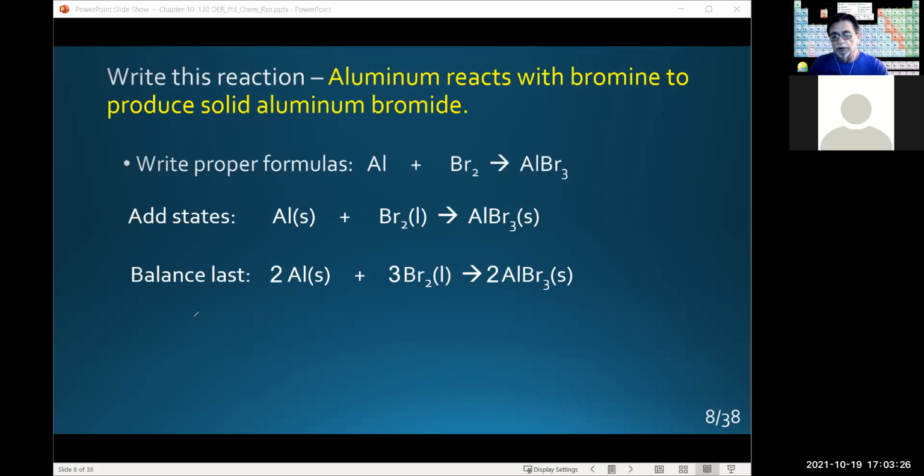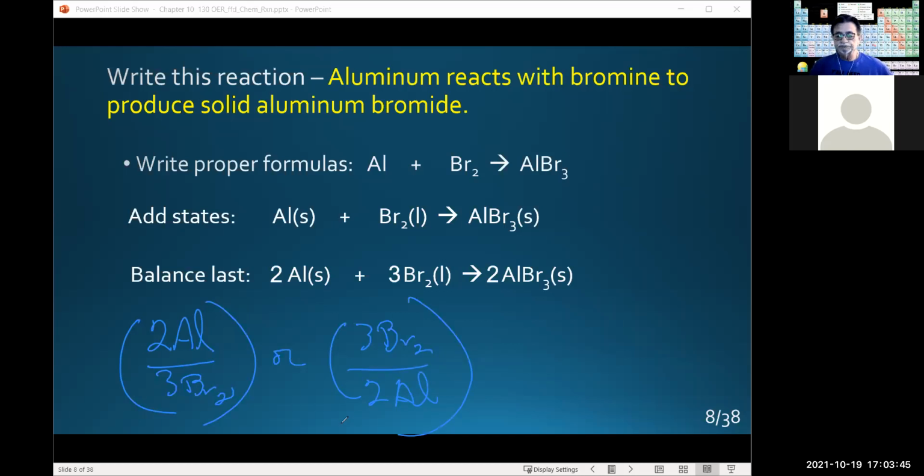Note the ratio. I have 2 aluminums over 3 Brs. I can write it like that, or I can write it with 3 Brs on top and 2 aluminums in the bottom. And that's our ratio between reactants.